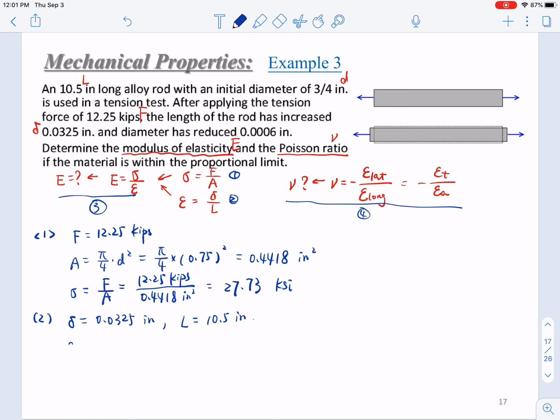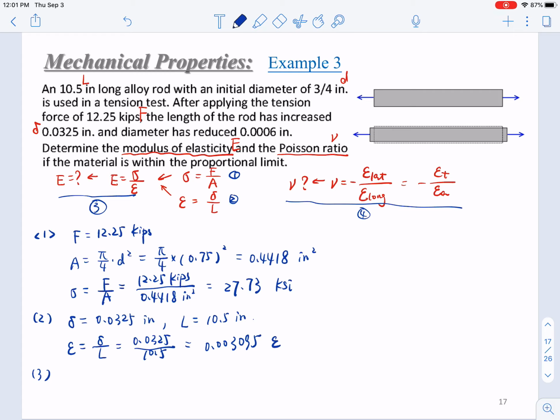So the epsilon can be calculated as delta over L, 0.0325 over 10.5. We get 0.003095 strain.